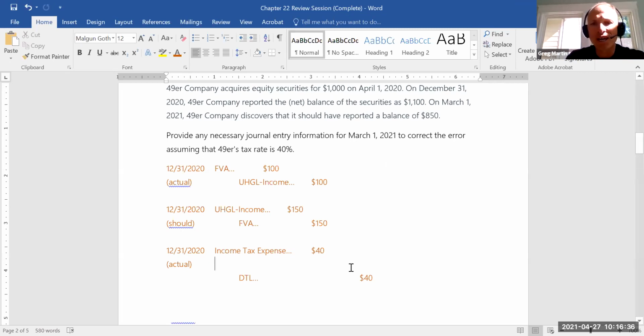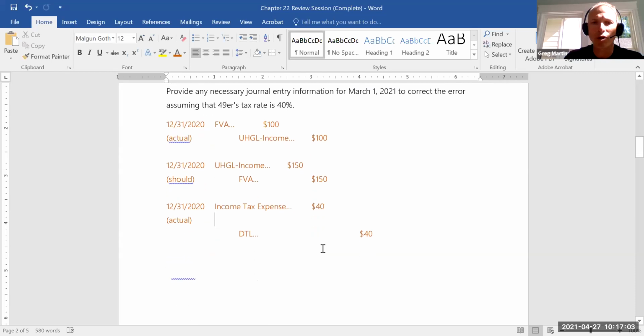And so the offsetting effect is a debit to the income tax expense. So whether my income tax payable is $100,000, $1,000,000, or a gazillion dollars, there's going to be a $40 difference between the income tax payable and the income tax expense because of this DTL. So this DTL creates a debit to the income tax expense of $40. That's what they actually reported.